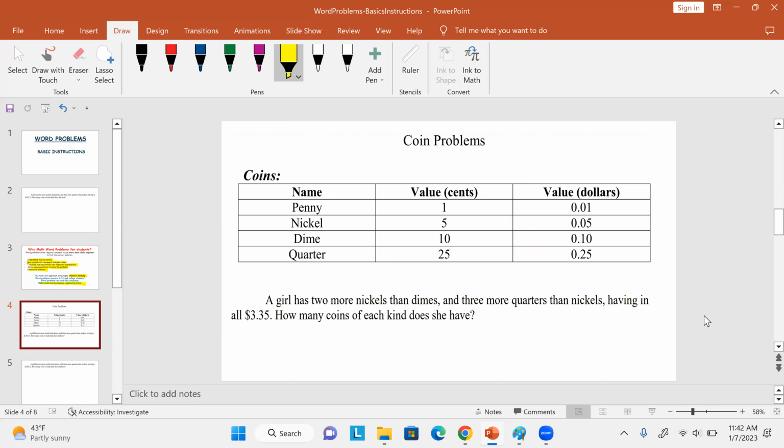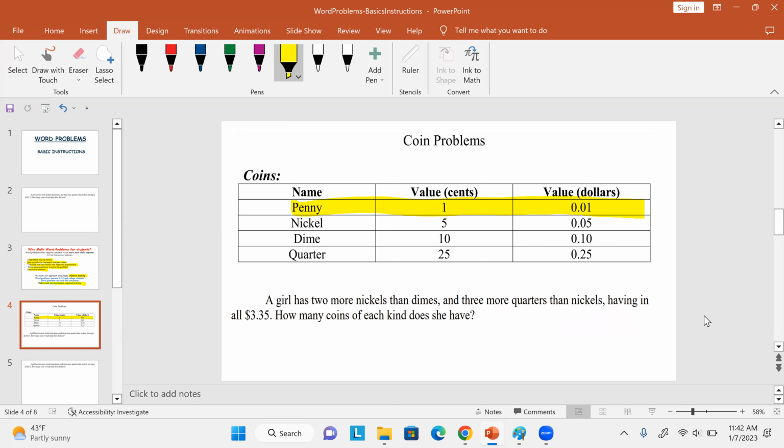Okay, this problem involves money, coins. So let's understand how coins work. When they say penny, a penny is 1 cent, which is $0.01. You have to understand this table, not only for this problem but for any math problem involving coins or money.